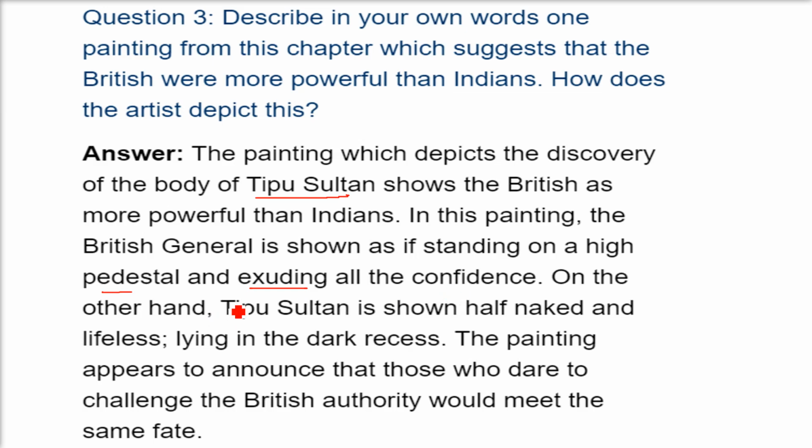On the other hand, Tipu Sultan is shown half naked, lifeless, lying in the dark recess. The painting appears to announce that those who dare to challenge the British authority would meet the same fate as Tipu Sultan does.